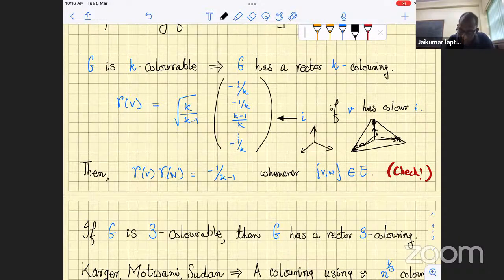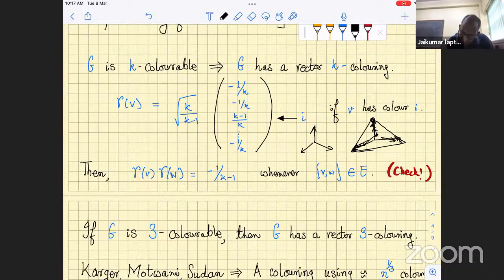Now, what about 4 vectors? For 4 vectors, we will go one dimension up. Look at 4 dimensions, take the centroid of this little convex hull spanned by the basis vectors, and move the origin there, and then you will get your 4 vectors. They will all be symmetrically placed, all making negative angles with each other.